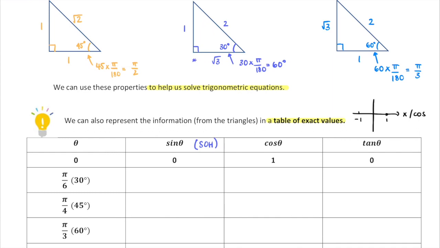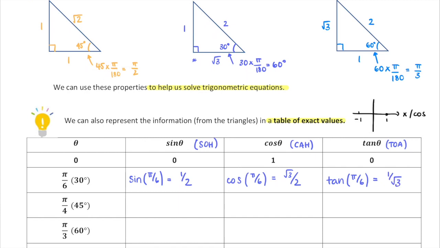So filling in my information, sine pi on 6 is going to be 1 divided by 2. And then moving across, cos of pi on 6 is going to give me, so that's CAH, root 3 on 2. And then moving on to tan, so that's TOA. So again, tan of pi on 6 is equal to 1 on root 3.